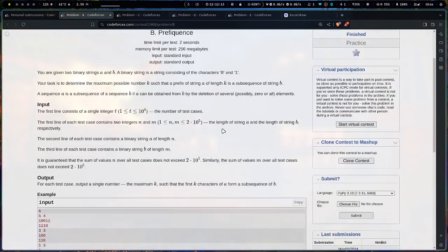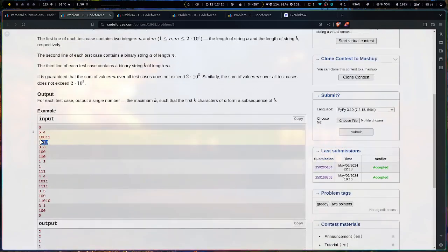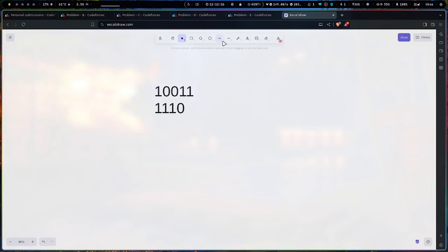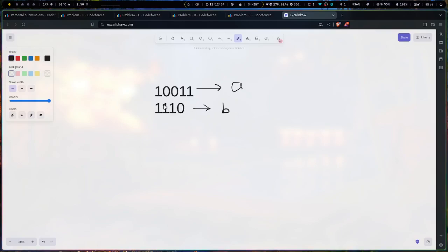Let's understand it. I know that by telling theory it is not clear, so we will do this on a board. This is A and this is B. Now we need to find a prefix.